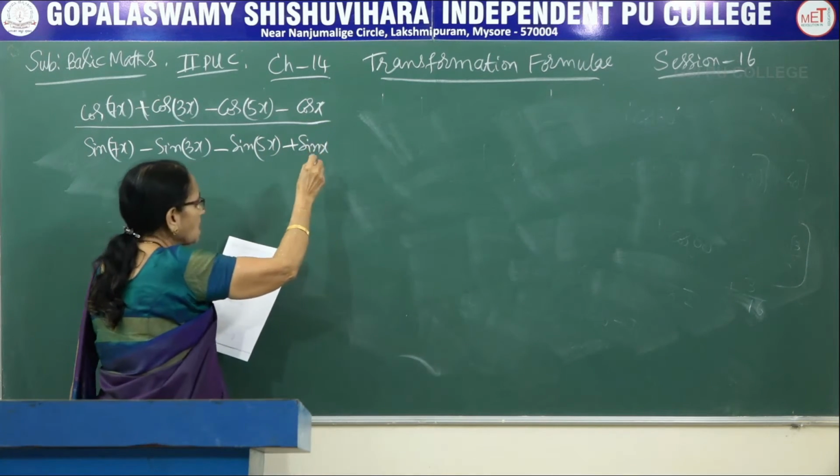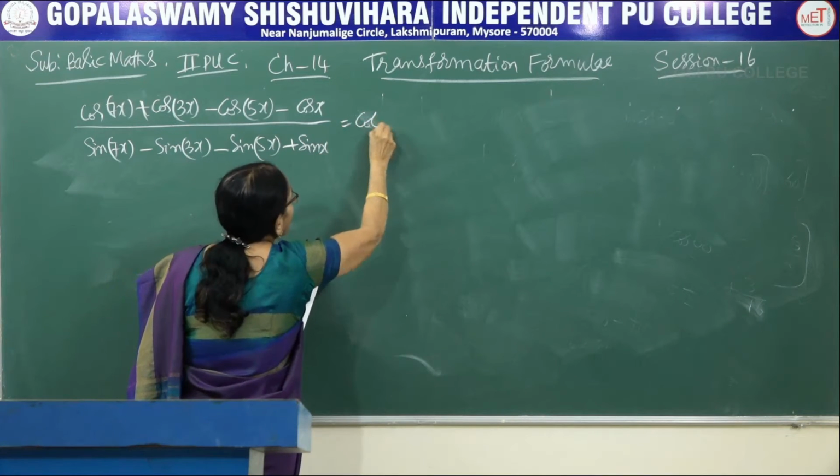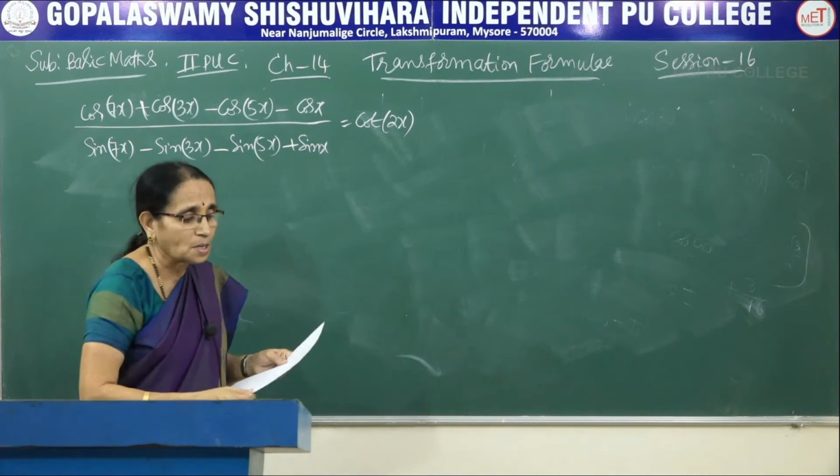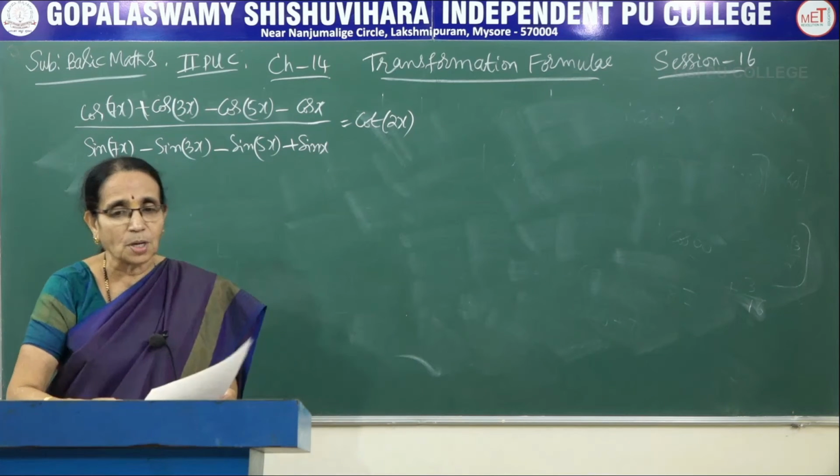See, it's quite a big expression we have, whereas the right hand side is a very simple thing. Only one term, it is cot of 2x.